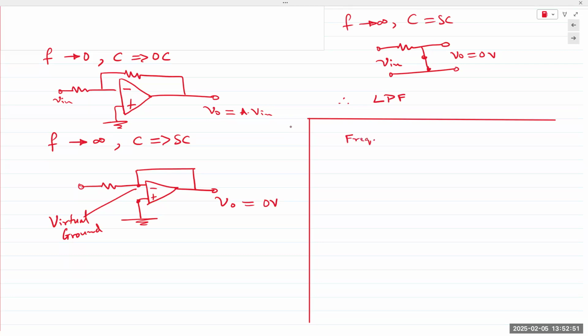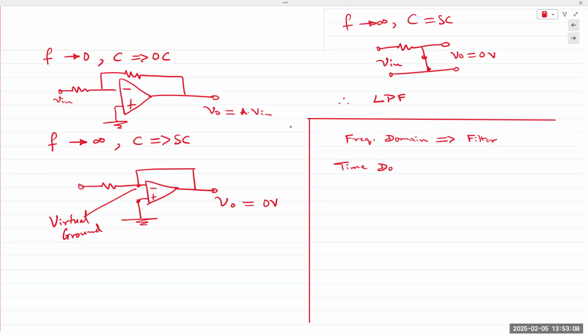So this was an explanation of the frequency domain. When we change the frequencies, we can use the circuit as a filter.